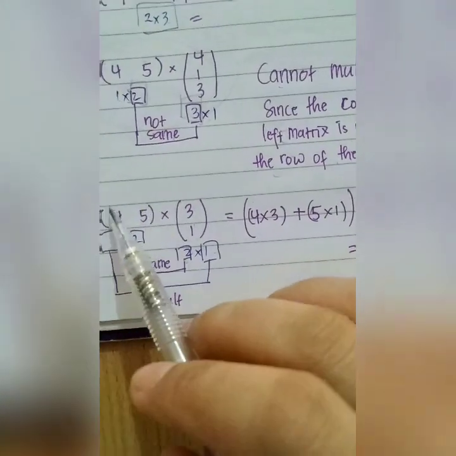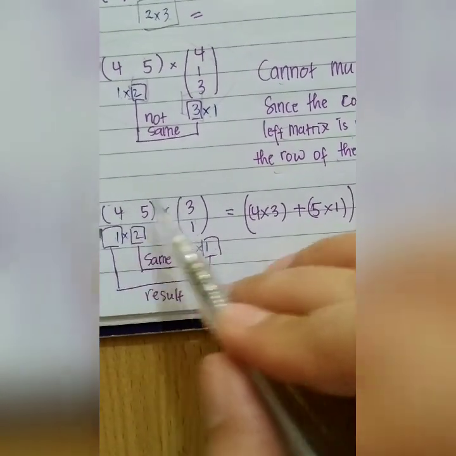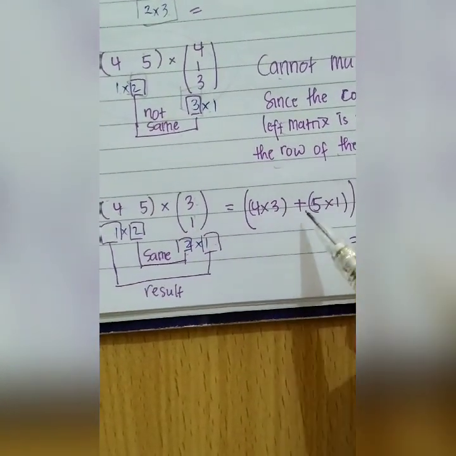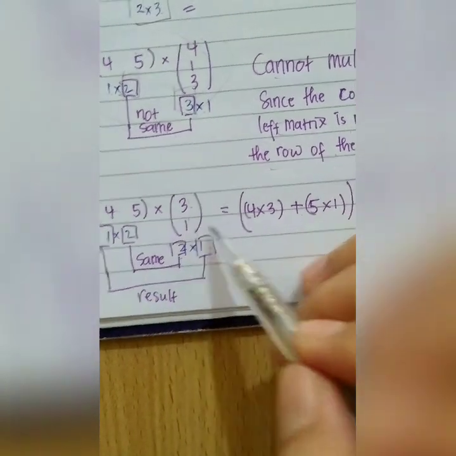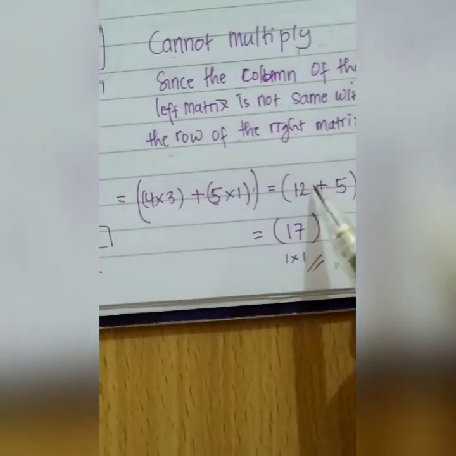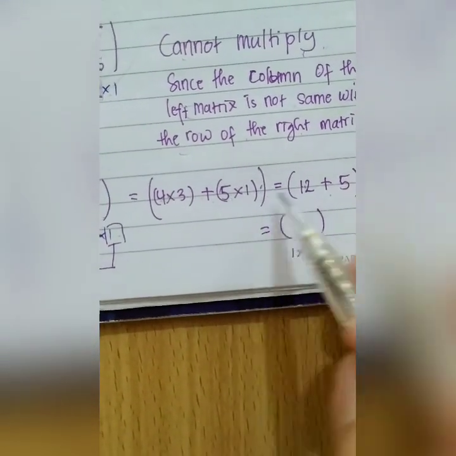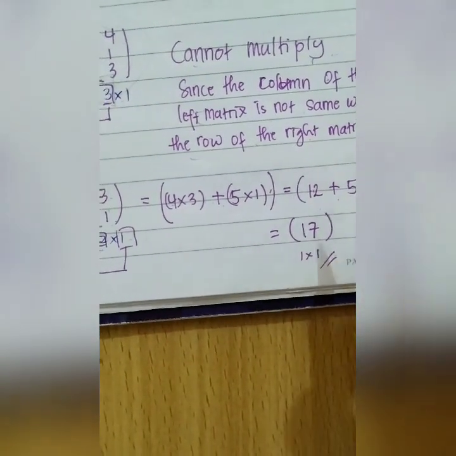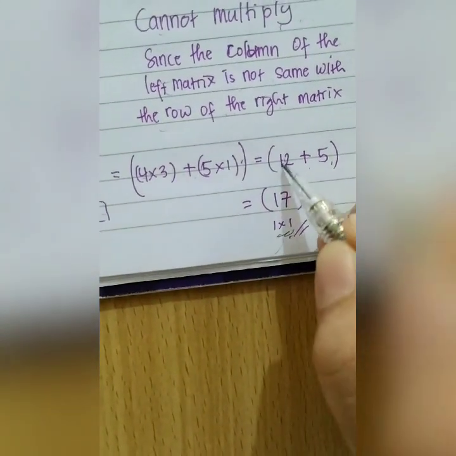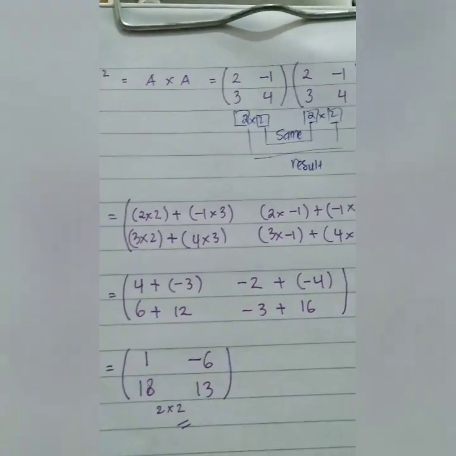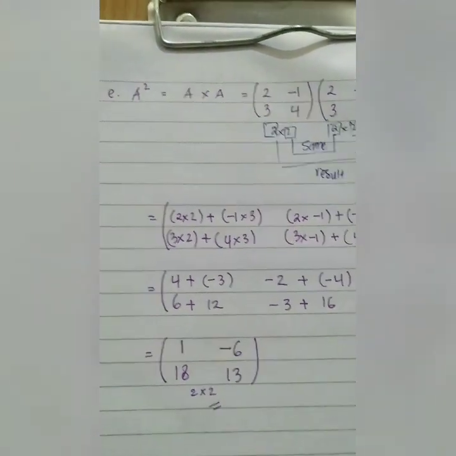So just multiply 4 times 3 plus 5 times 1. 4 times 3 is 12 plus 5 times 1 is 5. So we got only 1 by 1 since the result is 1 by 1 here. The order is 1 by 1. So 12 plus 5 is 17, only 17. It's easy, right?